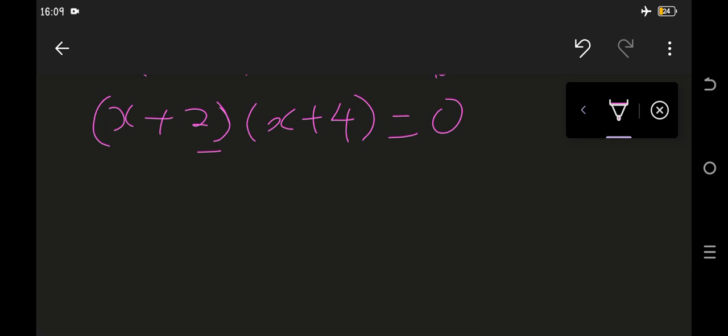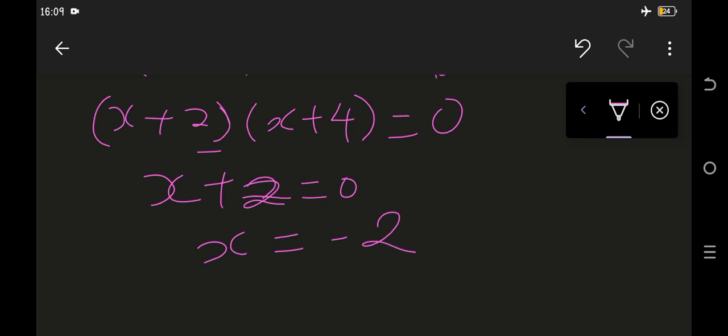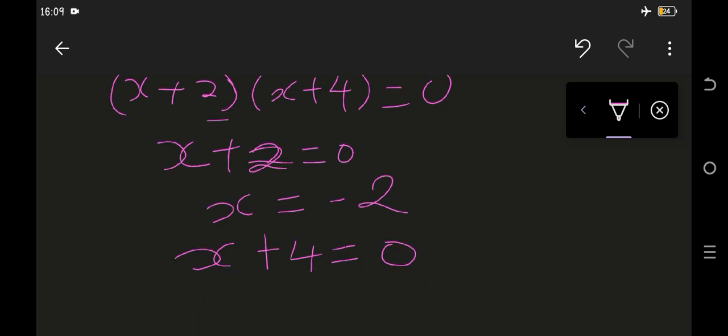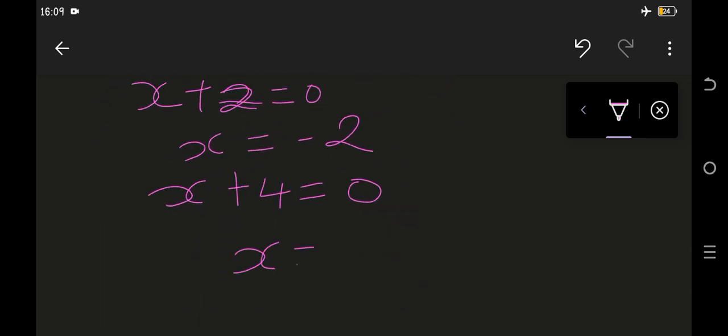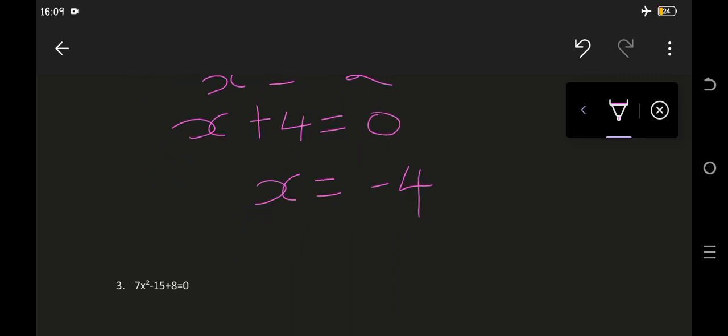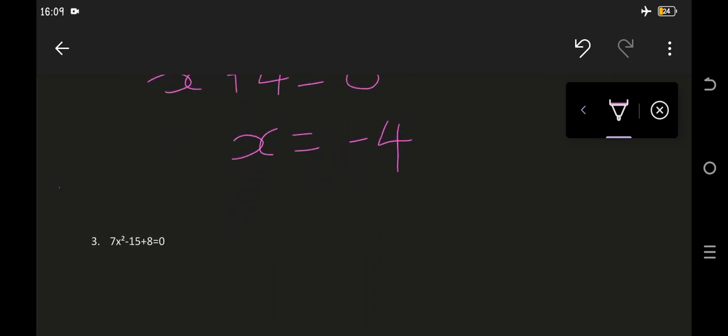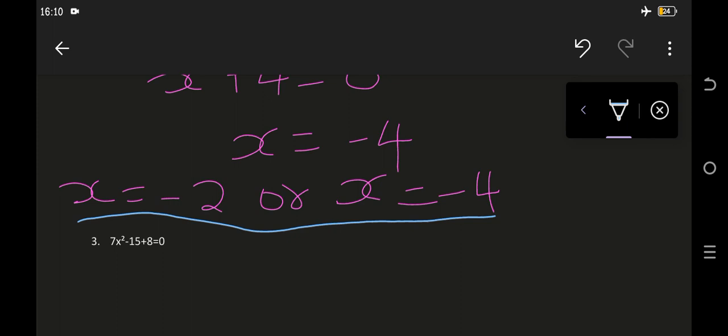You'll write x plus 2 is equal to 0. This means that x is going to be negative 2, and x plus 4 is equal to 0. This means that x is going to be negative 4. Our answer will therefore be x is equal to negative 2, or x is equal to negative 4. So this is our solution for the second equation.